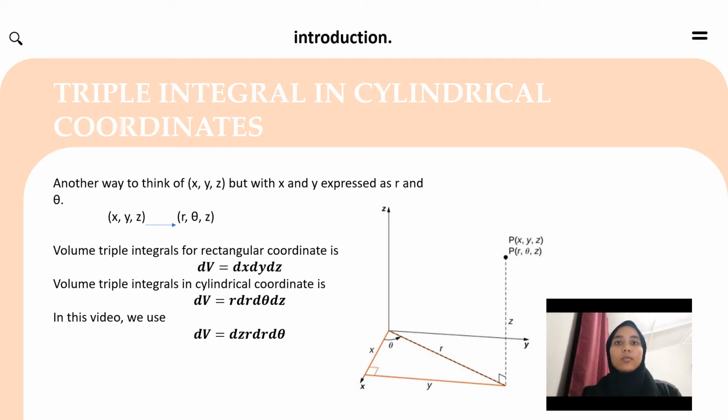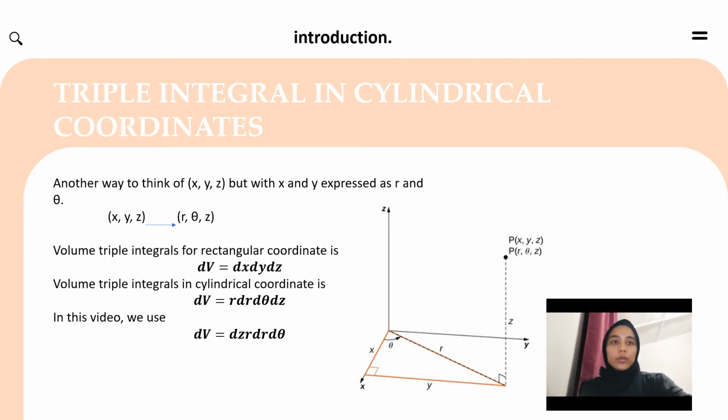Next is volume. The triple integral for rectangular coordinates is given by dV, dx, dy and dz. Or we can order it as dz, dy, dx or in a different order. So now we want to replace dx, dy, dz with cylindrical coordinates, which is r dr d theta dz.